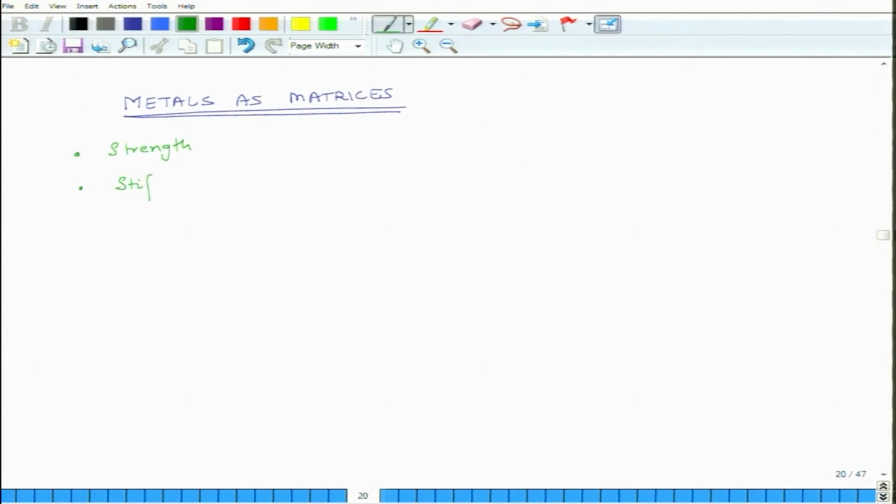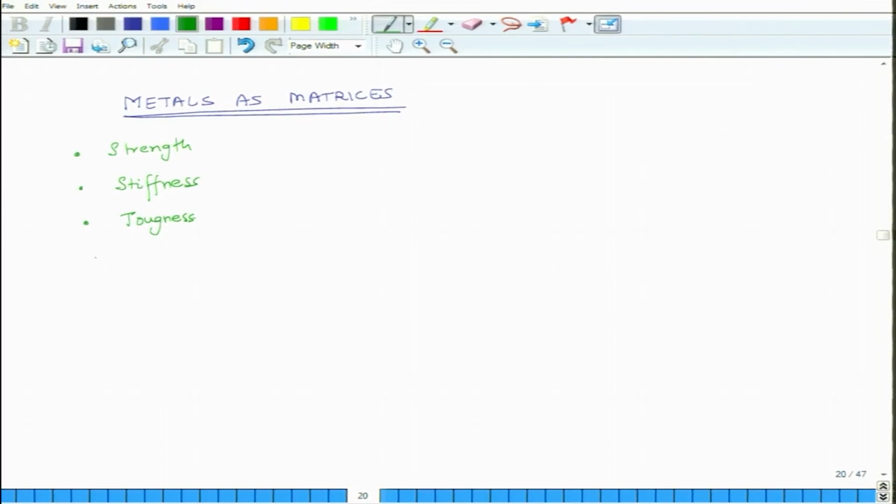Stiffness, same thing. We use metals, they also provide a lot of stiffness. Toughness. What is toughness? Toughness is the ability of a material to absorb a lot of energy. So, these matrix materials which are plastic based, they cannot absorb a lot of energy, unlike metals.